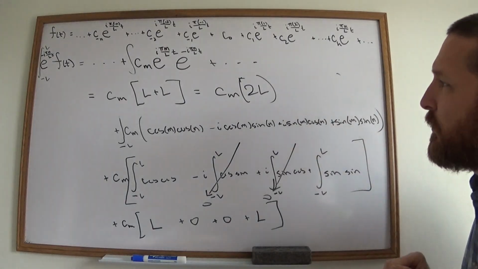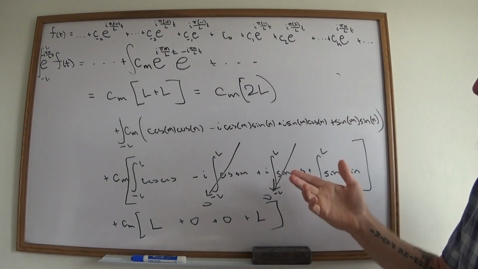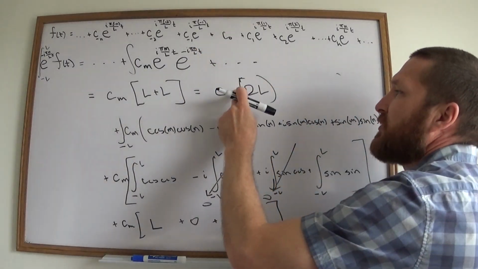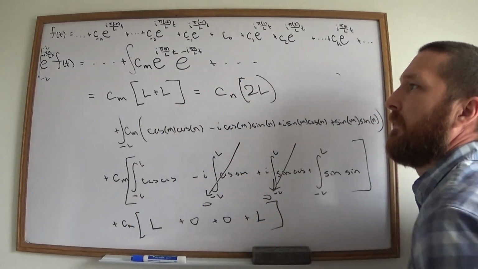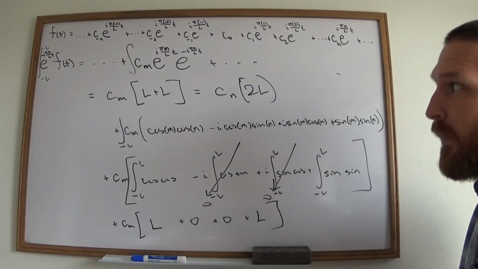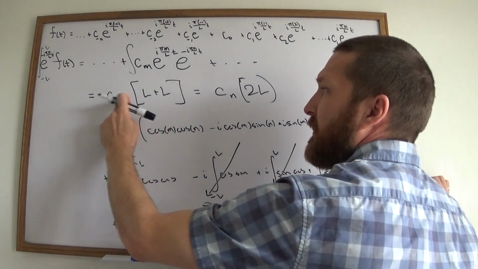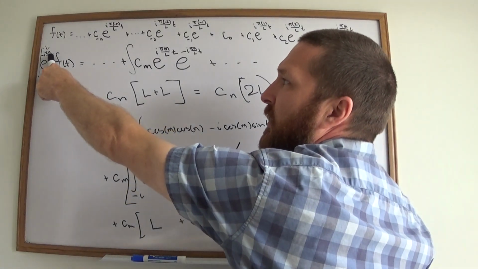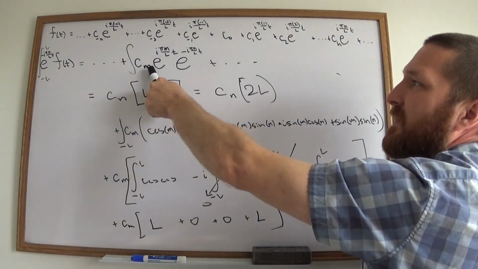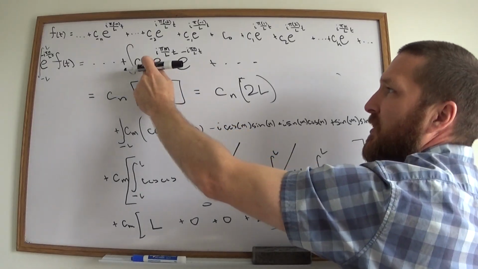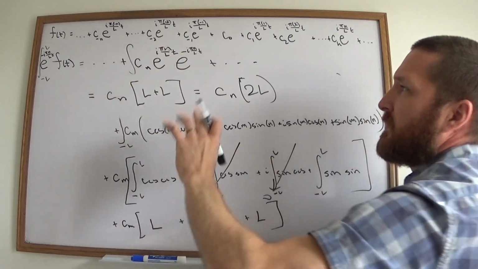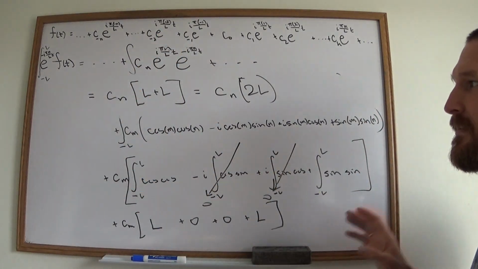And if the thing you were trying to find in the beginning, and again, that's only going to be the case if m is equal to n, so why don't I just go ahead and rename it n right there, right? Otherwise it would have disappeared. So there's my Cn is the only one that survives. When I choose an n here, the only one that's going to survive is if that one is the same as that. So if that's my original n right there, all the other ones are going to disappear, which is really nice, right?